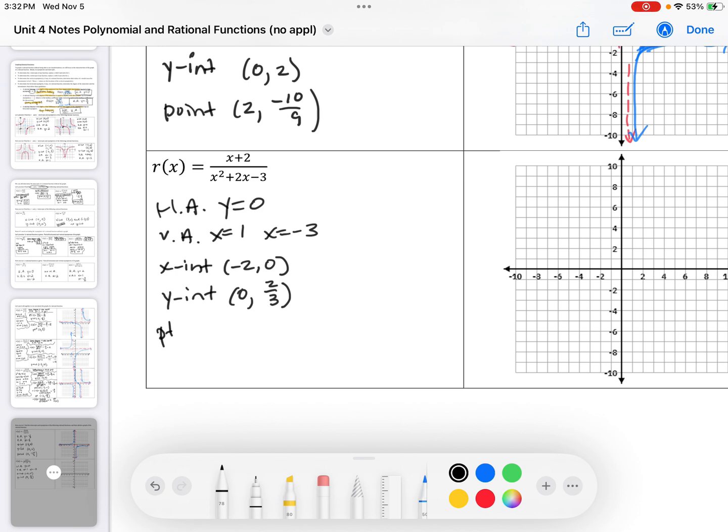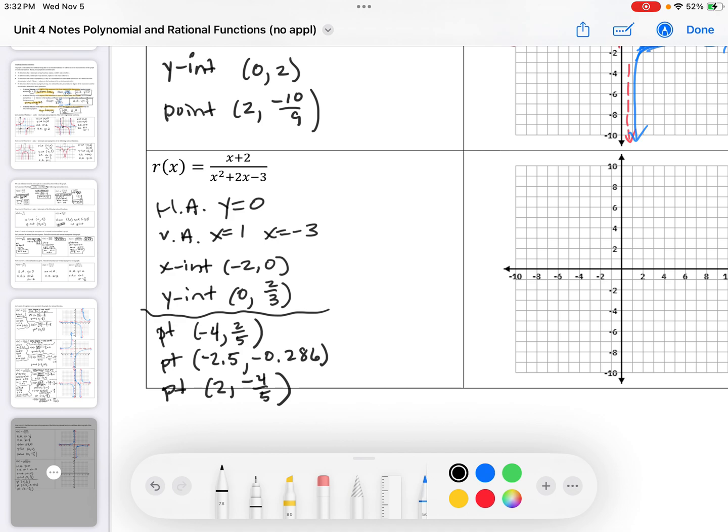So I plugged in an x value of -4 to get 2/5. I plugged in an x value of -2.5. And I plugged in an x value of 2 to get a y value of -4/5.